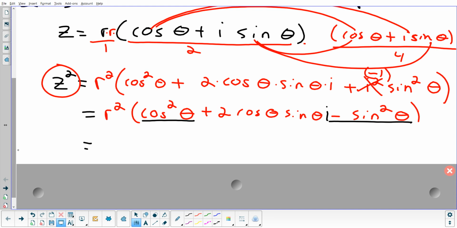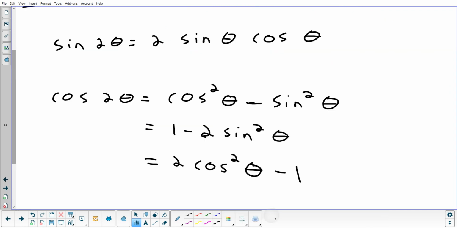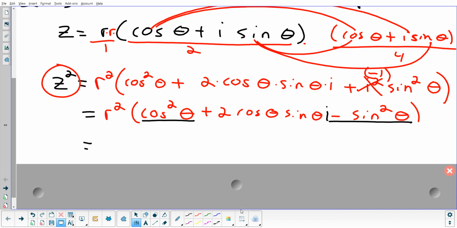Thank you. So, yeah, now we've got this cosine squared minus sine squared. Anyone remember what that is? Yep. Cosine 2 theta. Cosine squared minus sine squared turns into cosine 2 theta. All right, let's do that. So we have r squared cosine 2 theta plus, I'll put my I down right away so I don't forget.